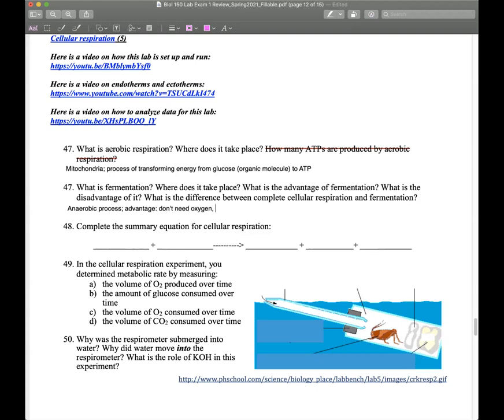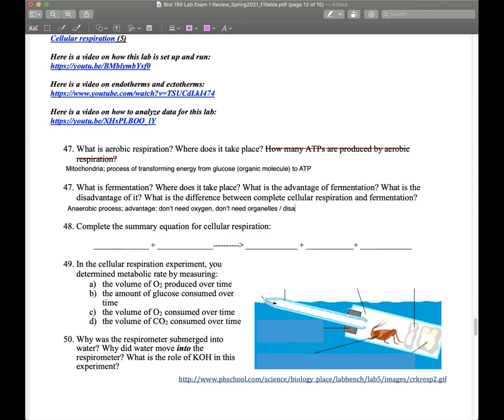Do you need organelles to do fermentation? No, you don't. This can all happen right in the cytosol. So this is why bacteria and yeast and those kinds of organisms can do fermentation. You don't need any kind of compartmentalization to do this. So anyone can do it. Don't need oxygen, don't need organelles, don't need any fancy equipment.